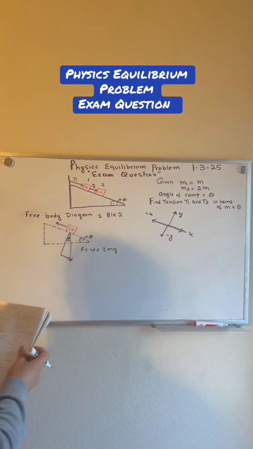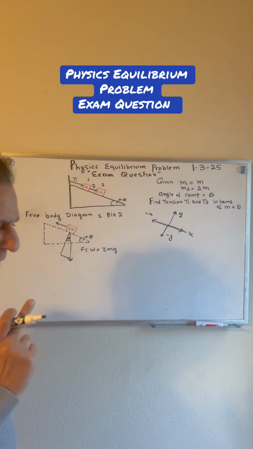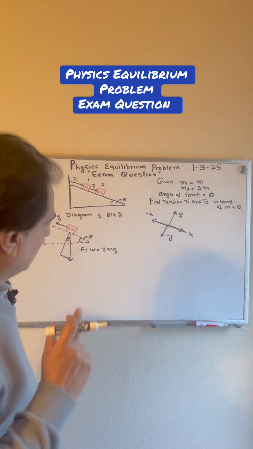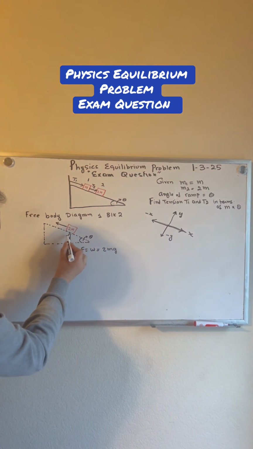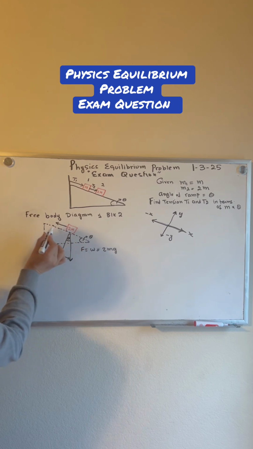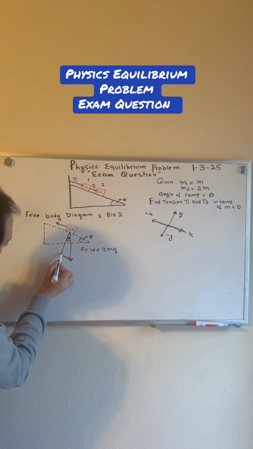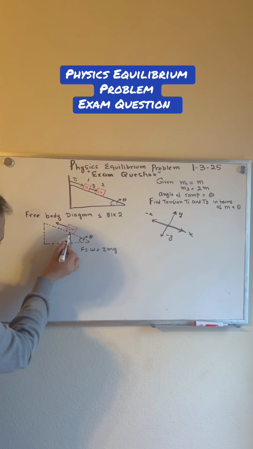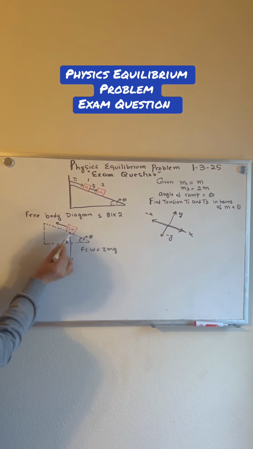Now, I just want to point out before I dive further into this. When I draw a perpendicular to this slanting ramp, then this is going to be my y component right here, and this is going to be my x component right here, which is parallel to this ramp.